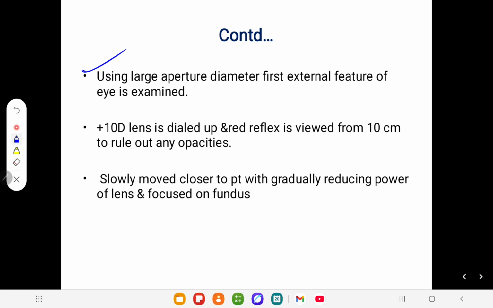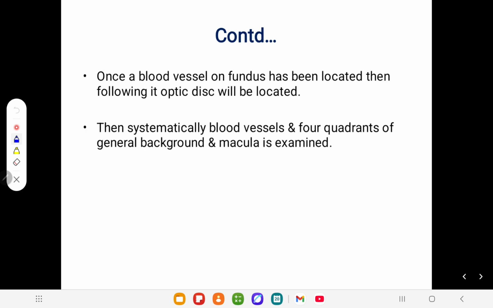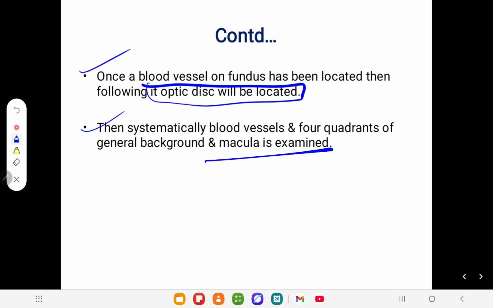Using the large aperture first, the external features of the eye are examined. With plus 10 diopter, dilated pupil and red reflex are viewed from 10 centimeters, and then slowly move closer, gradually reducing the power of the lens and focusing on the fundus. Once a blood vessel of the fundus has been located, follow the blood vessels up to the optic disc. Then systematically the blood vessels in four quadrants, general background and macula are examined step by step, isn't it?